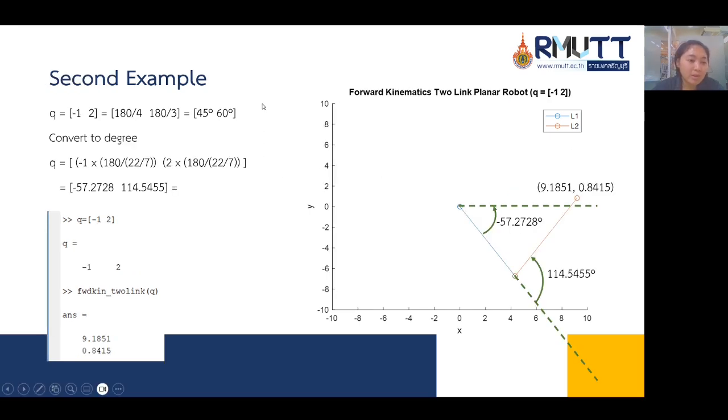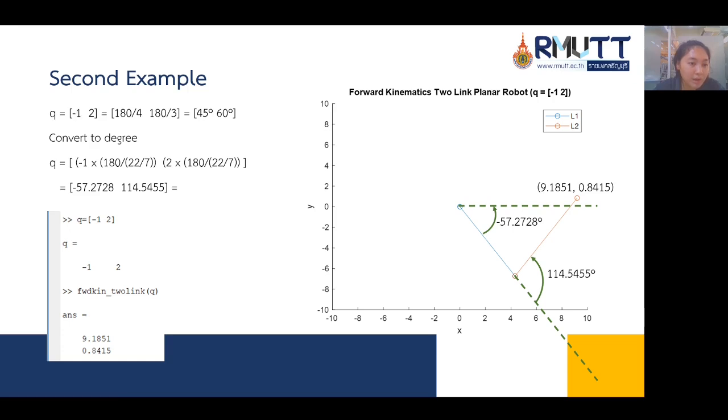And then this is for the second example. The way to calculate is the same as the first example. Calculate the value of Q in degrees and then convert it to radians.